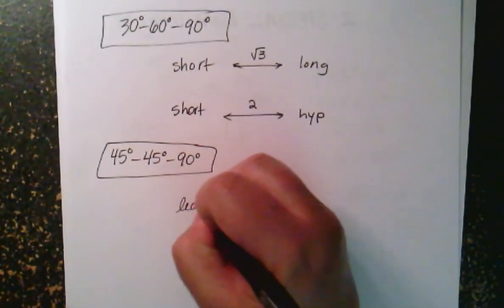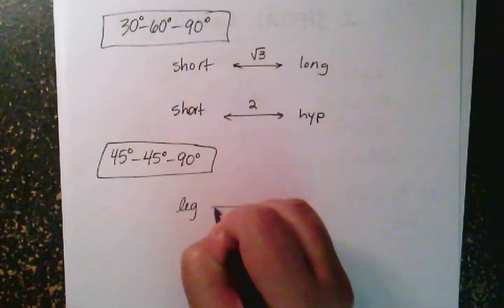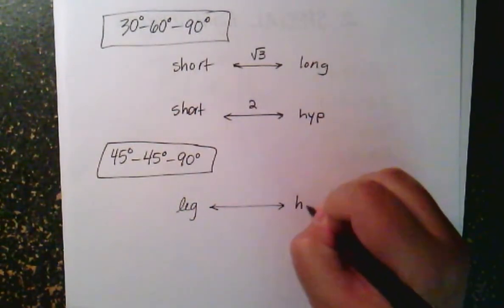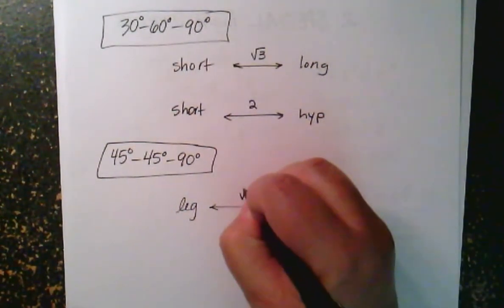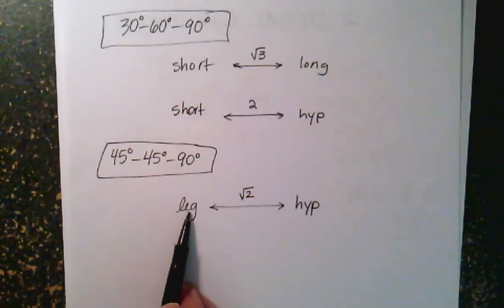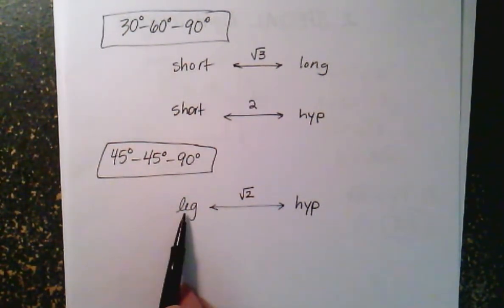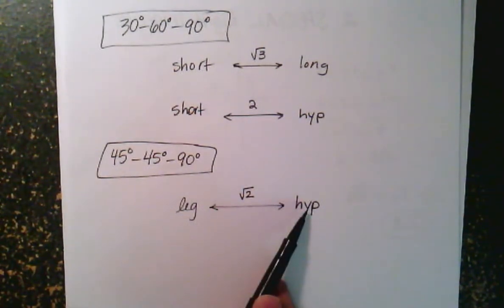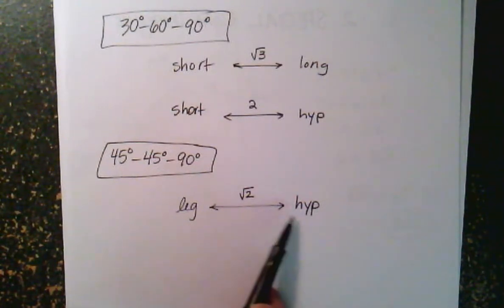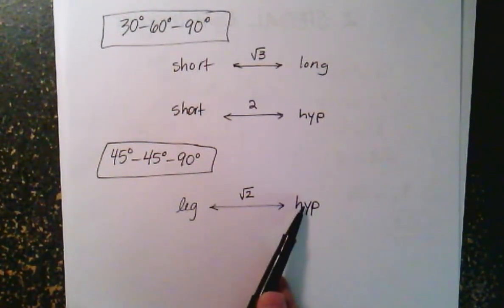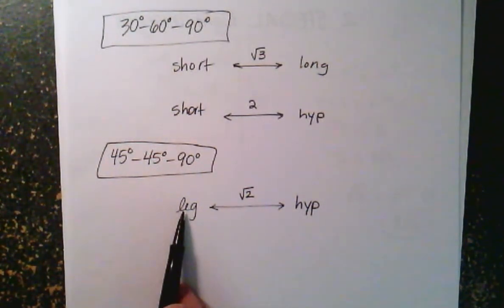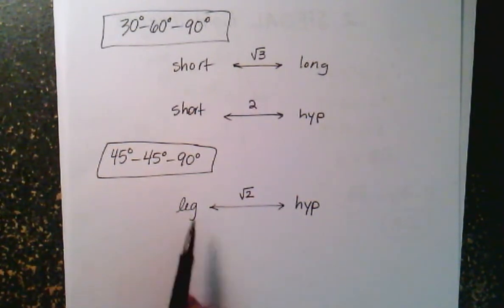So to go from a leg to a hypotenuse of a 45, 45, 90, we use the number square root of 2. If I'm going from the smaller, which is the leg, remember hypotenuse is always the longest. So if I'm going from the leg to the hypotenuse, I need to get bigger. So I multiply times square root of 2. If I'm going from the hypotenuse, which is the biggest side, and need to get smaller going toward leg, then I divide by square root of 2.